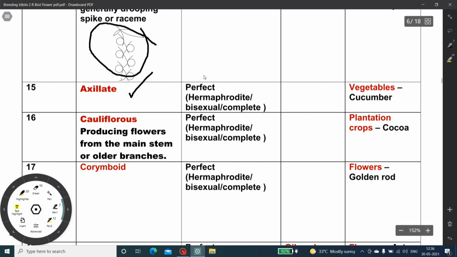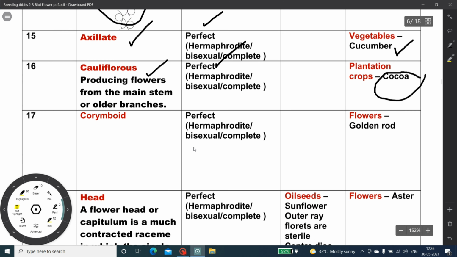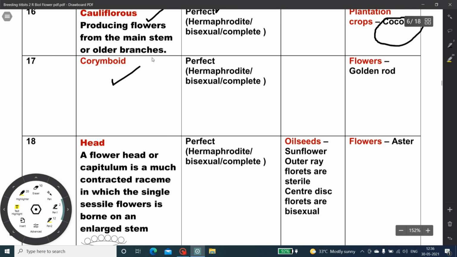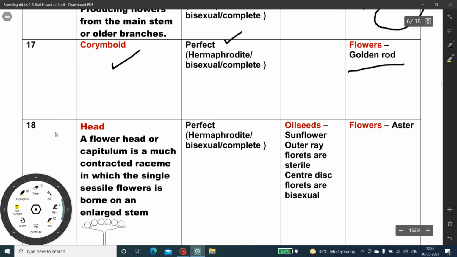Most of the flowers are spike, and the best example is the cucumber. Cauliflorous type of flowers are present in cocoa, which is nothing but producing flowers from the main stem or older branches. Most of the flowers are perfect. And the 17th one is corymboid. The flowers are perfect, and goldenrod is the classical example.